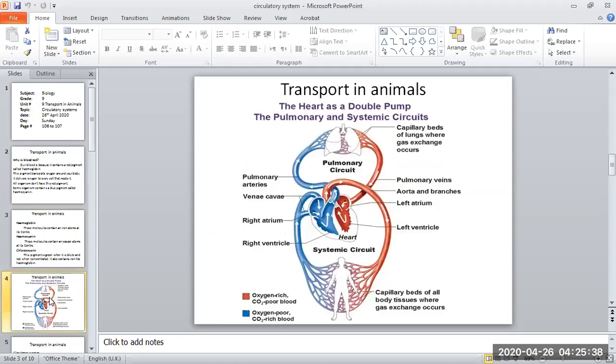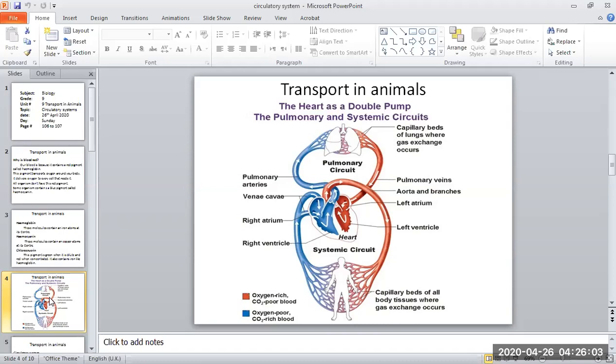And here you can see in this picture, the red part of this circulatory system shows the blood that is rich with oxygen, and the blue part is poor with oxygen but rich with carbon dioxide.